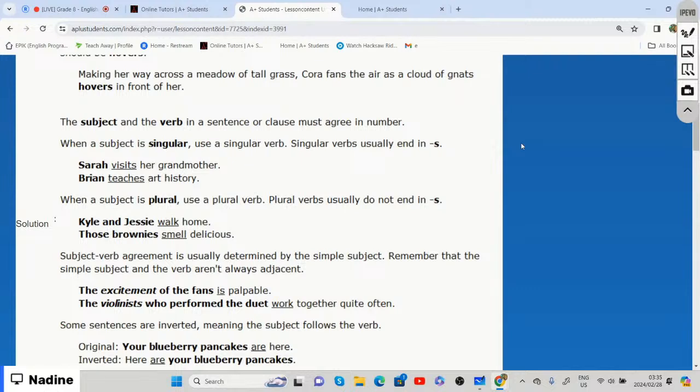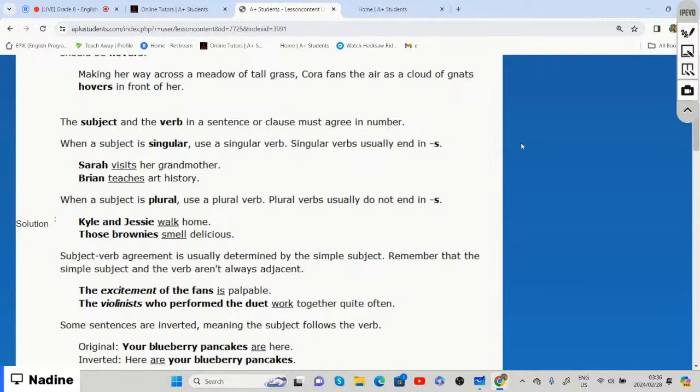Usually we use a plural verb, and it does not end with an S. So a singular verb ends with an S, but a plural verb does not end with an S. When a subject is plural, we use a plural verb, and plural verbs do not end in S.